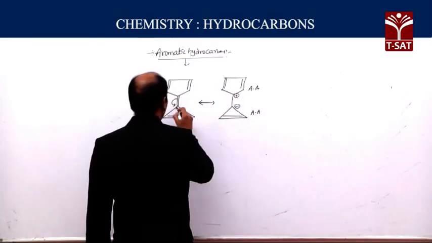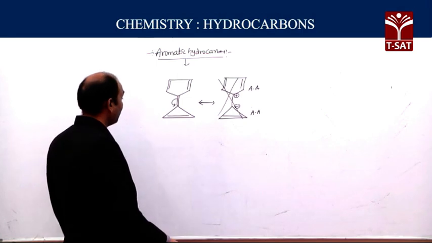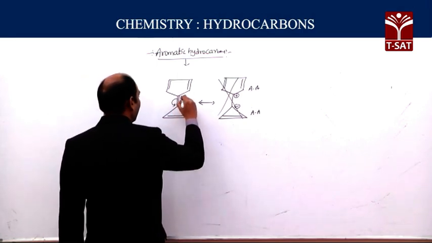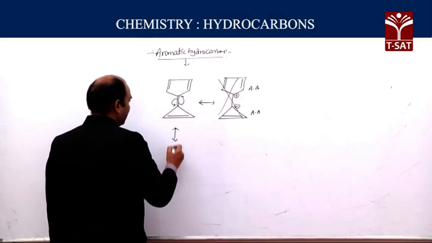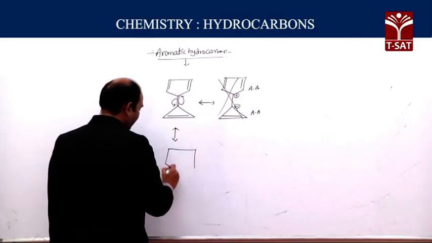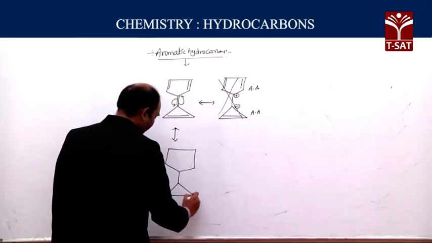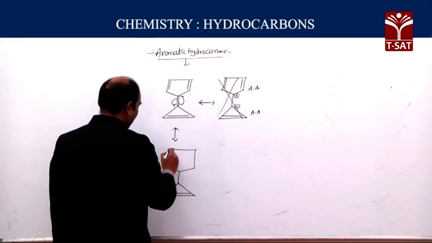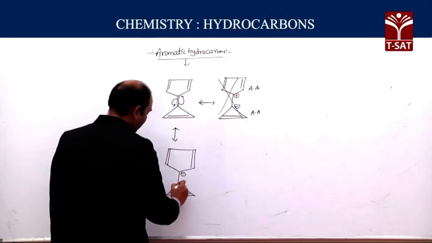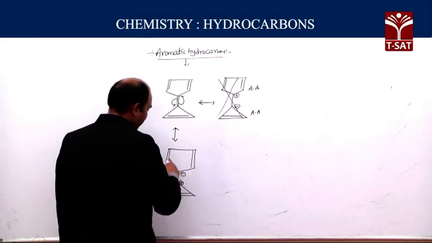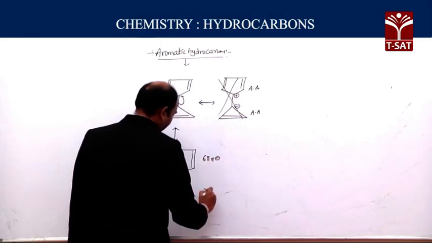That means these pi electrons never migrate from the 5-member side to the 3-member side. Now we have to migrate these pi electrons from the 3-member ring to the 5-member ring. So you see, this is a 5-member ring and this is a 3-member ring, with a double bond here and a double bond here. This has a negative charge and this has a positive charge. 2 plus 2 plus 2 gives 6 pi electrons here, and this has 2 pi electrons.